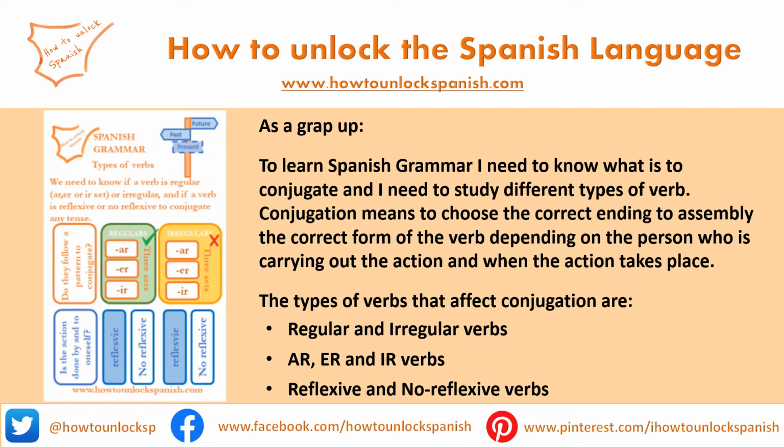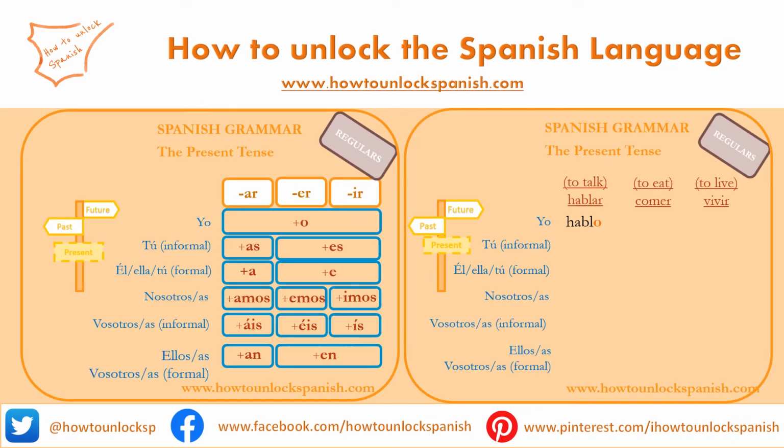And then we have the reflexive verbs. Some verbs are reflexive. This means that the person who is doing the action is also receiving the action. So he's doing the action to his own self or its own self. So let's get to it and see if we understand what every type of verb means and how conjugation works.